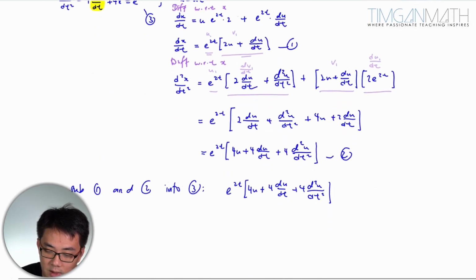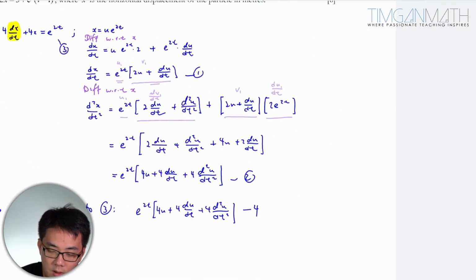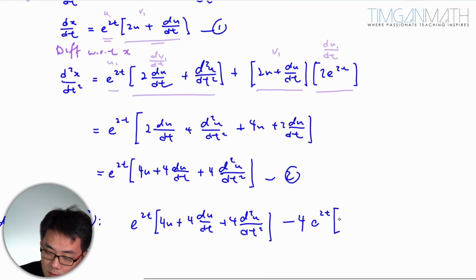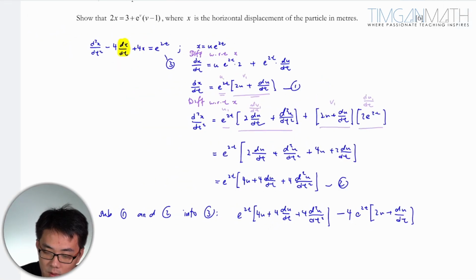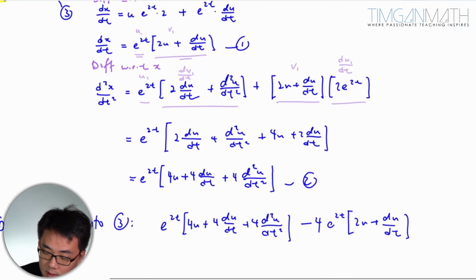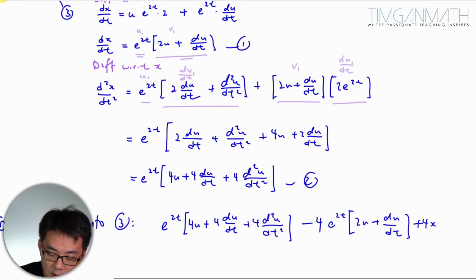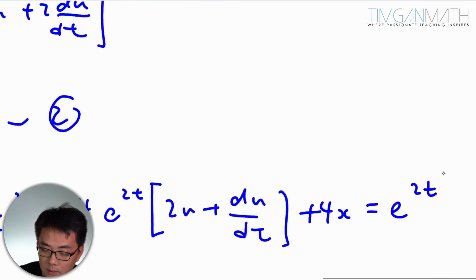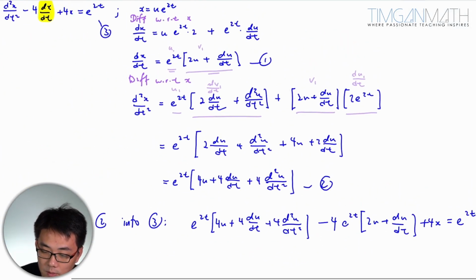After which we get minus 4 dx/dt, which is e^(2t) times (2u plus du/dt), plus 4x equals e^(2t).